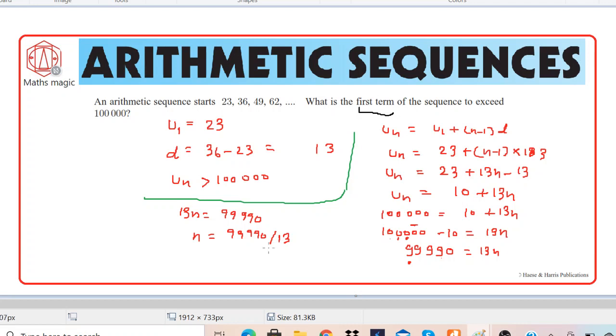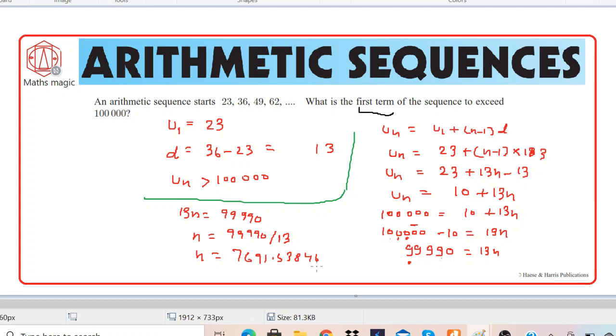You can see that if n is equal to 7691.53846 approximately, then the sequence will be 100,000. But we know that the number of terms cannot be a fraction or a decimal, it should be an integer.